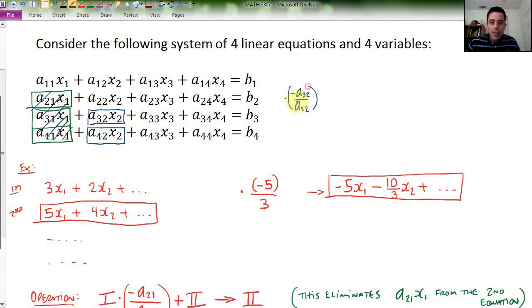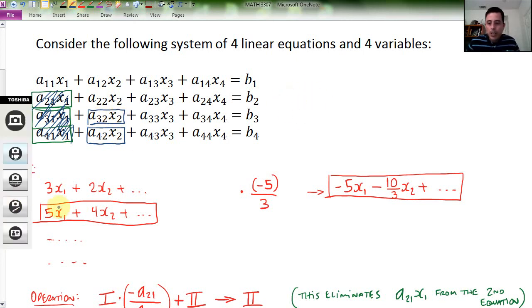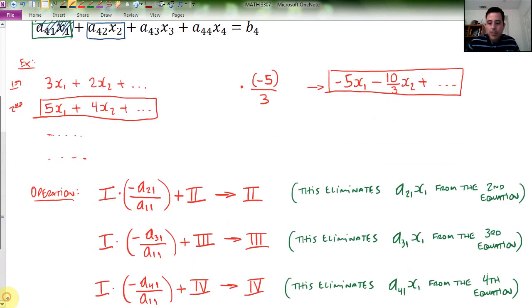So multiply the second equation by that. Right, this is 0. It's not showing up anymore. And then we add to the third equation. Right, so if you multiply that by the second equation, this coefficient here will become negative a32. When we add to the third equation, it eliminates x2. So let's write that down here.